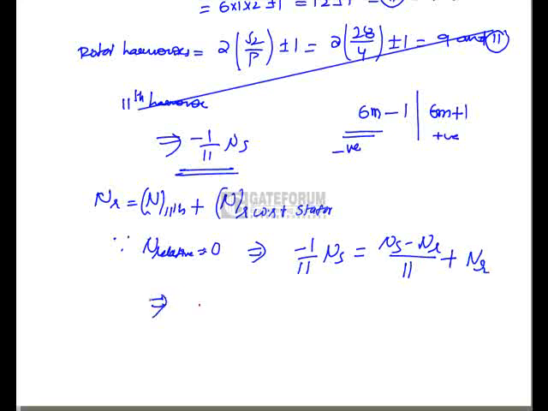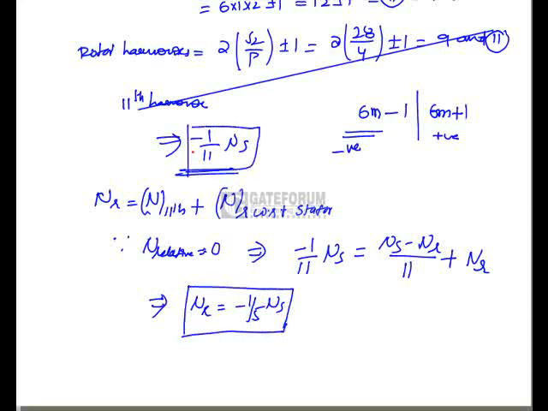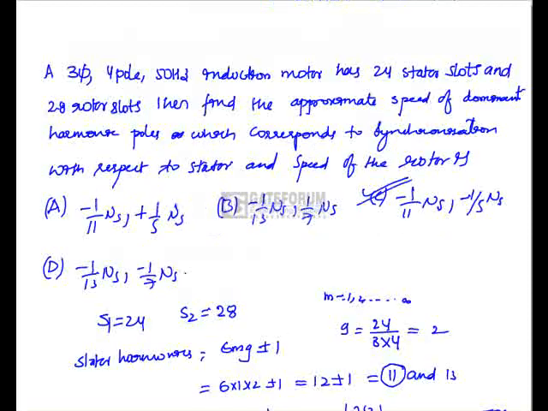From this we get Nr equal to minus 1 by 5 Ns, the speed of the rotor. So the answer is minus 1 by 11 Ns and minus 1 by 5 Ns. Option C is the correct answer.